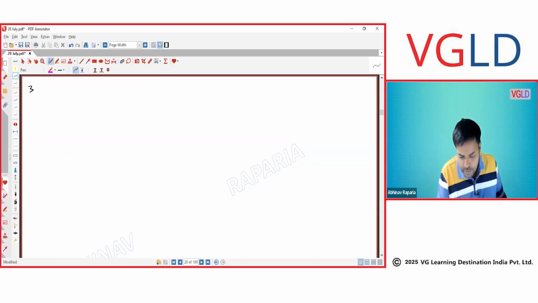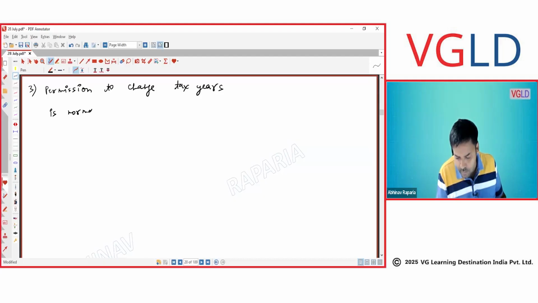Third point is permission to change tax years is normally granted when a substantial business purpose exists.